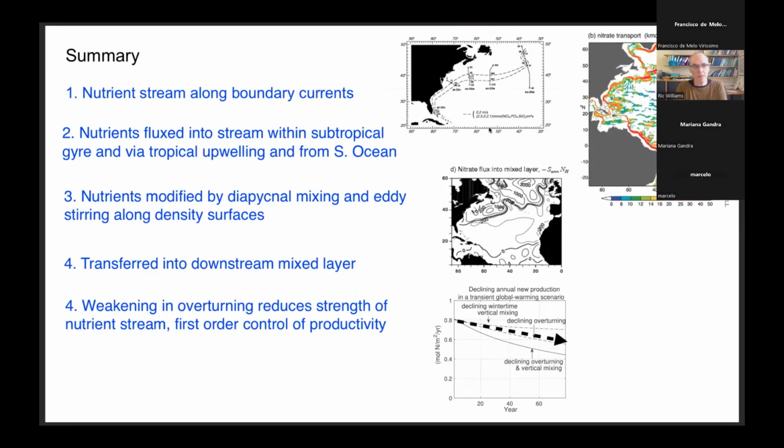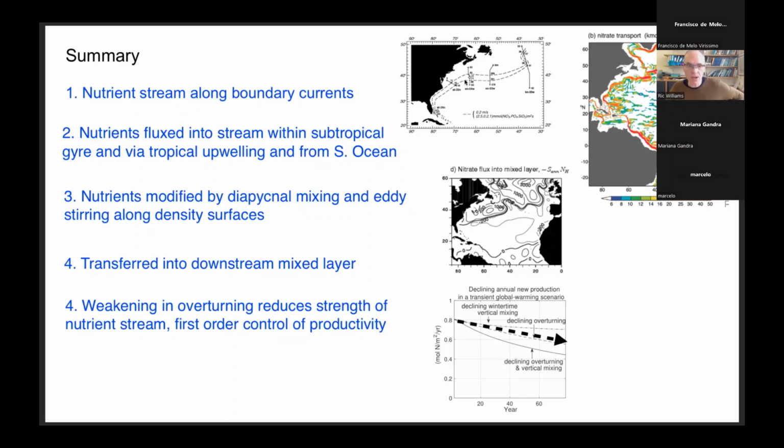So to sum up then, what I've tried to provide to you is a slightly historical view of how a nutrient stream operates along western boundary currents. The nutrients are fluxed along the stream within the subtropical gyre, and those nutrients are really originating from the Southern Ocean or from nutrients upwelled in the tropics.